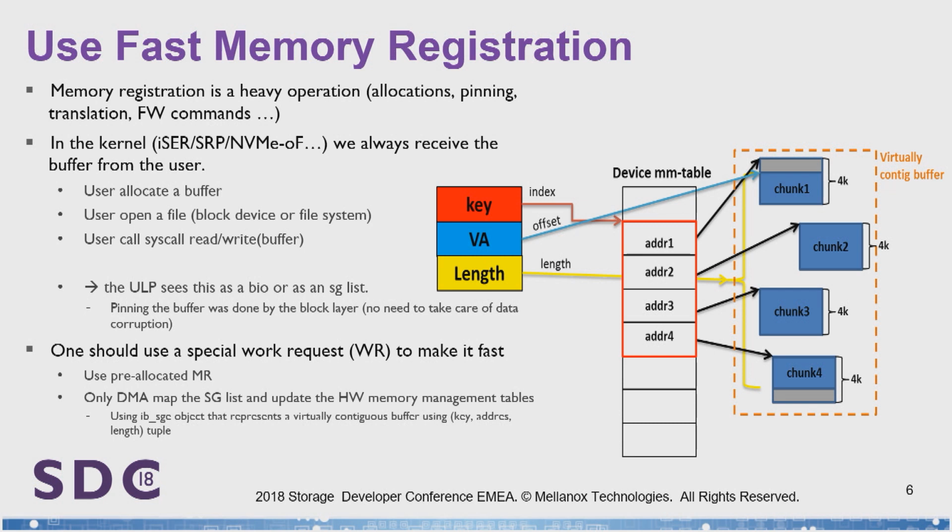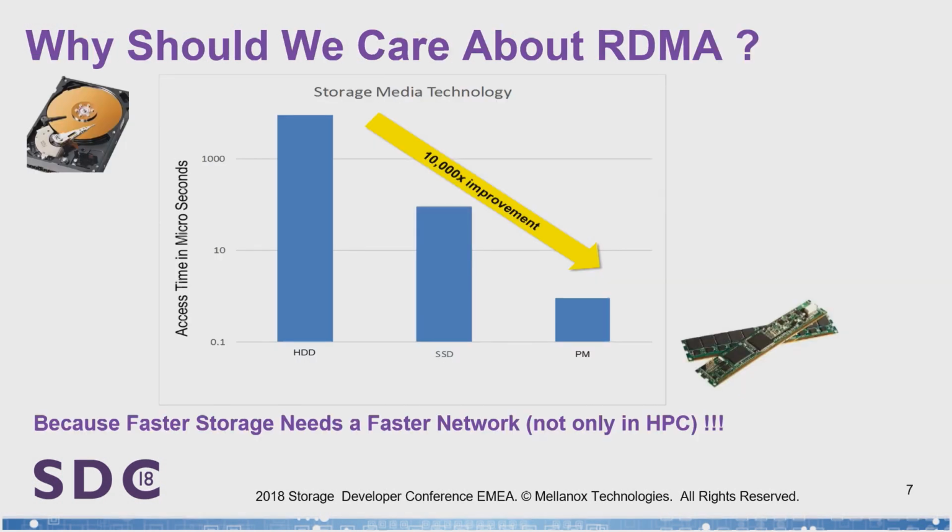After we did a small introduction for RDMA, and we understand the capabilities of RDMA, why we care about RDMA in the storage world. So in the morning, we saw that the storage media and the data is growing faster and faster every year, every month. If 10 years ago we had hard drives that could access the storage in tens of milliseconds order of magnitude, in the last few years, we have SSDs and NVMe devices that can reach less than 50 or 20 microseconds.